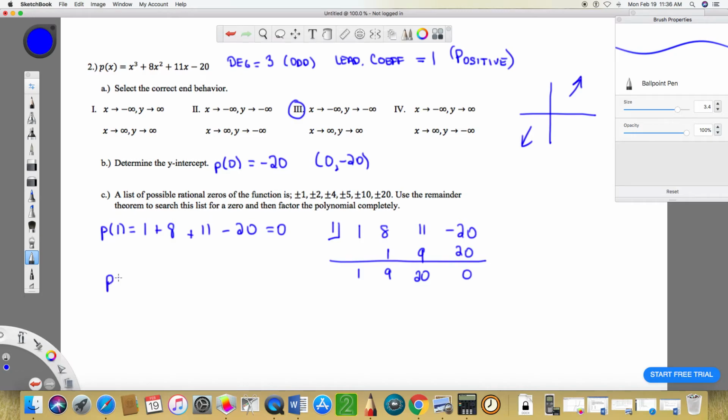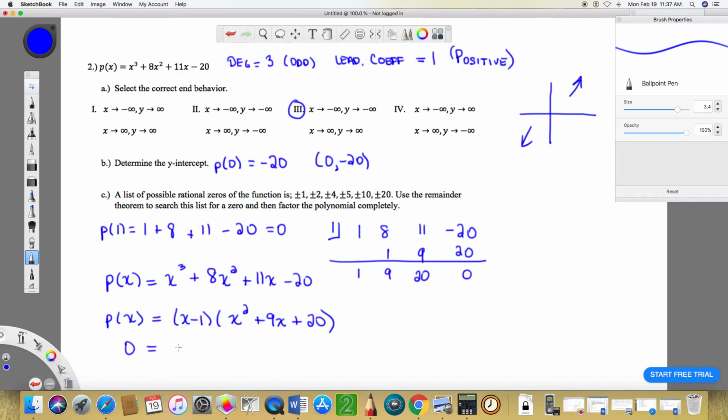So what that means is that this x cubed, this third degree polynomial, factors to x minus 1 and x squared plus 9x plus 20. So we set this equal to 0 and solve this equation.